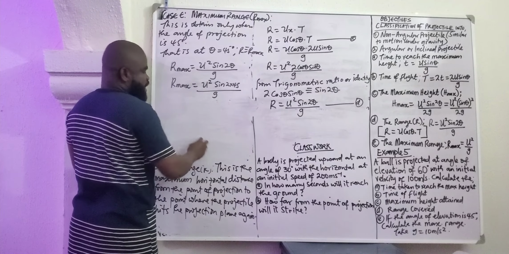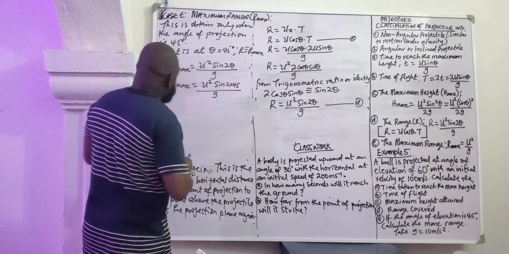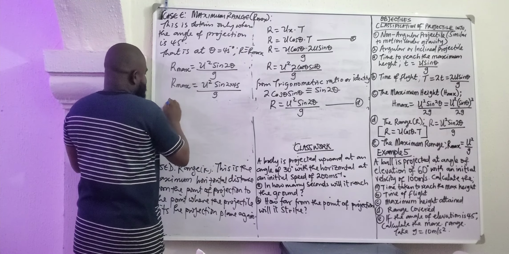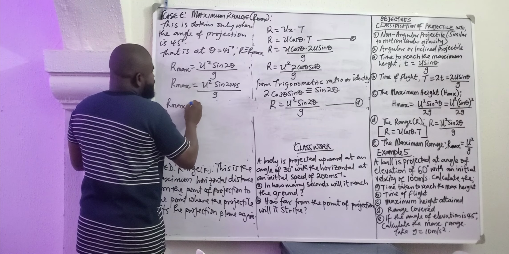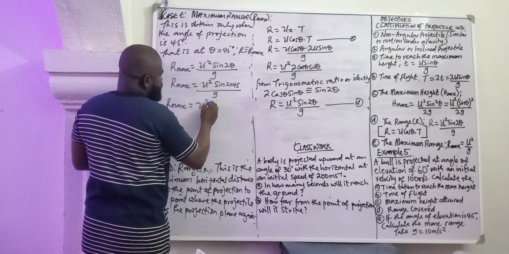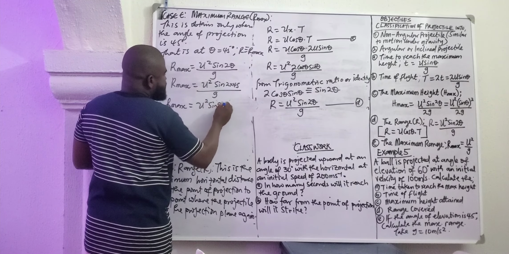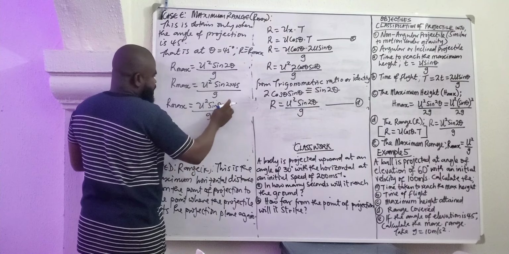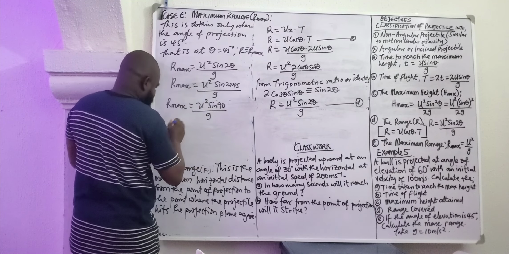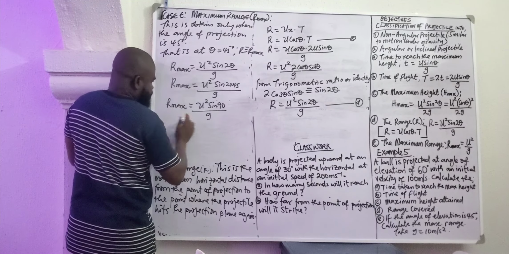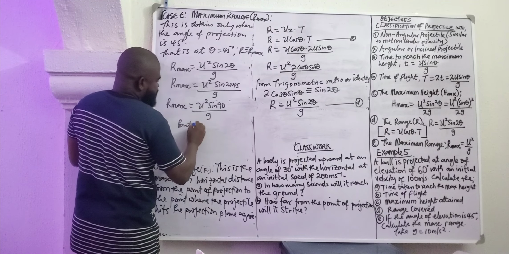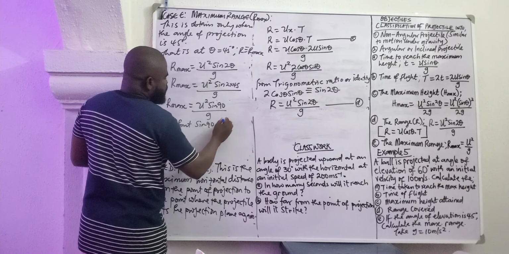And if you press sine 90, it will be 1. So the maximum range is u square sine 90. But sine 90 is what? 1. So I will replace it and say sine 90 equals 1.